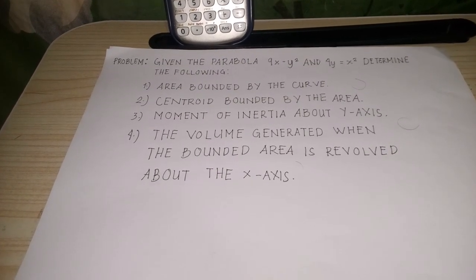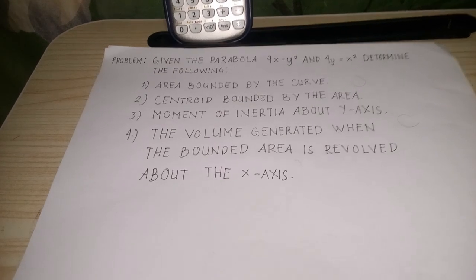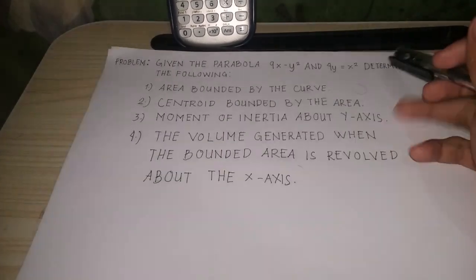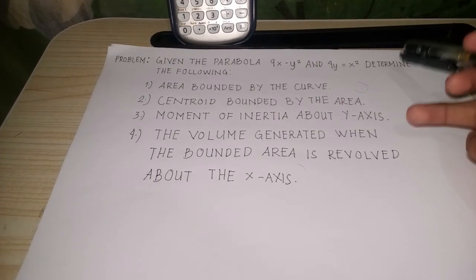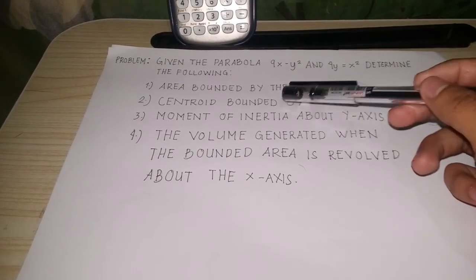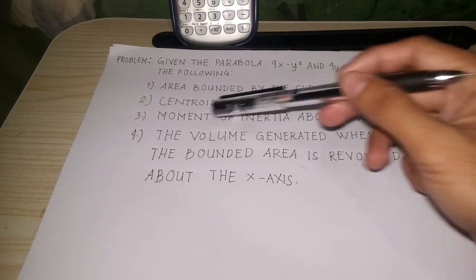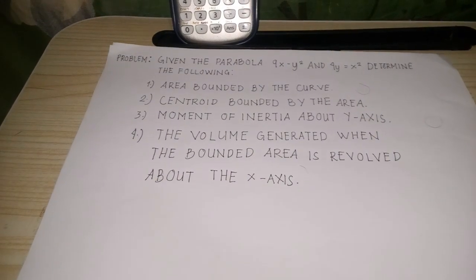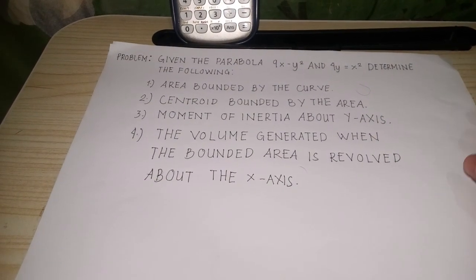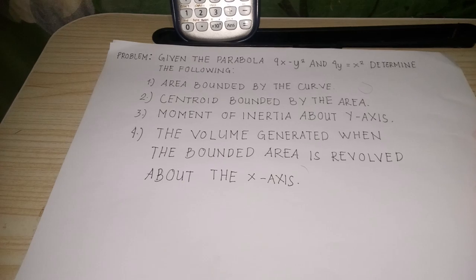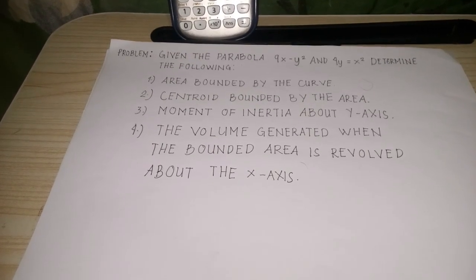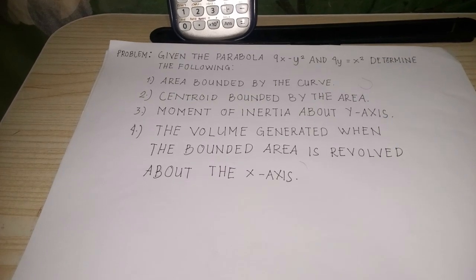By the way, our first problem will cover four things: area, centroid, moment of inertia, and volume. Since these four are connected, I've decided to use only one problem to solve all four.